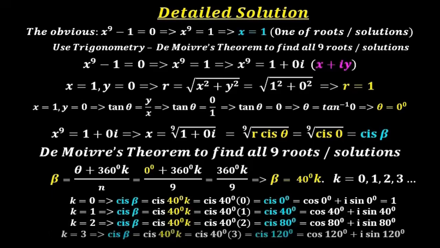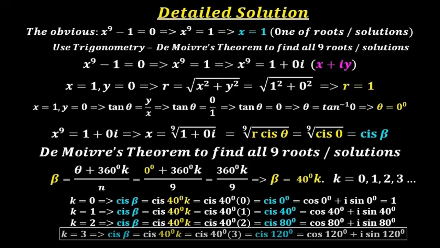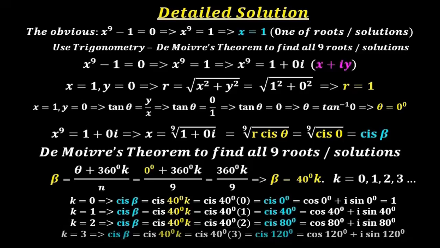When k equals 3, cis beta is equal to cis 40 degrees k, but k is 3, so this is cis 40 degrees times 3, which is cis 120 degrees. That is cosine 120 degrees plus i sine 120 degrees.